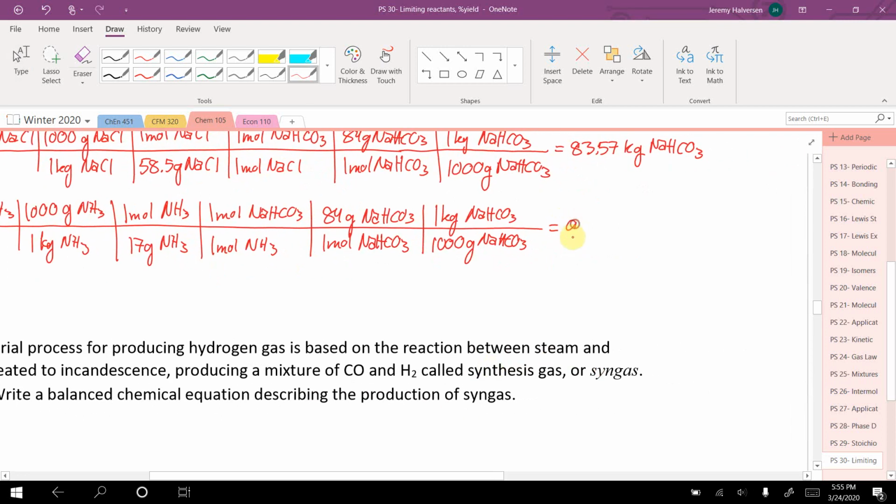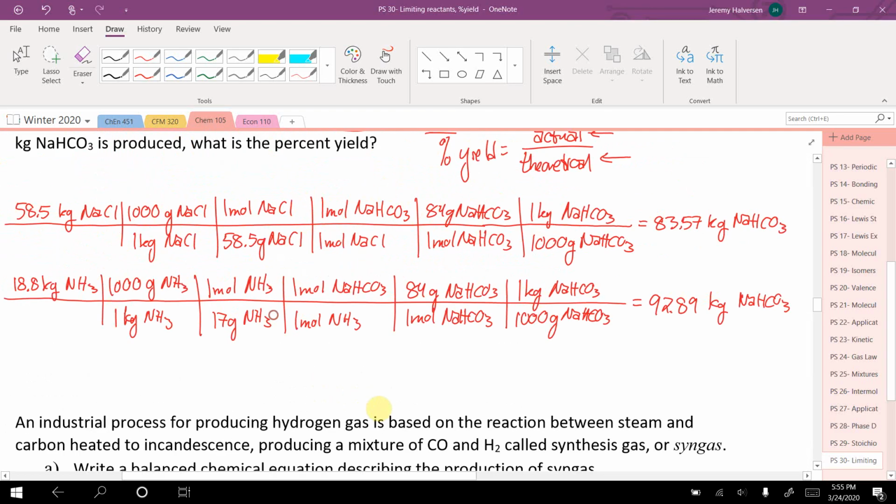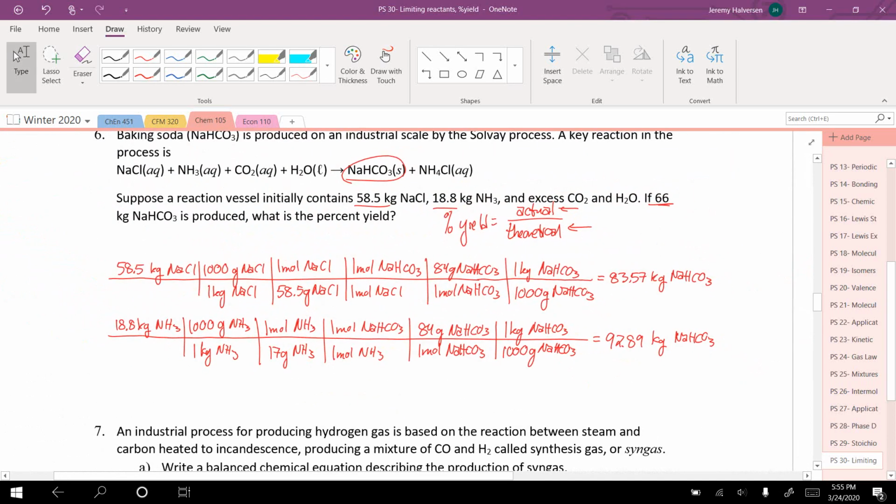That gives me 92.89 kilograms of NaHCO3. So I look at this. They give me both reactants, so in order to figure out which one was limiting, and therefore which one defines the reaction, I converted both of them to a product. We see my NaCl makes less product, and therefore NaCl is limiting. So this is the amount of product that I make, not this.